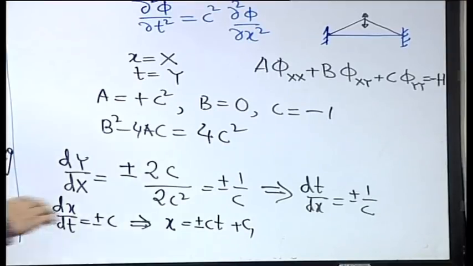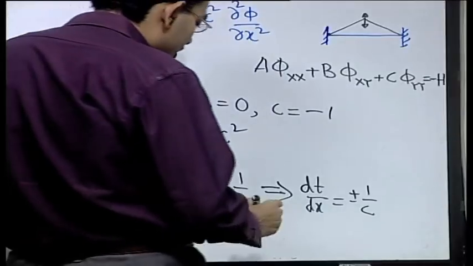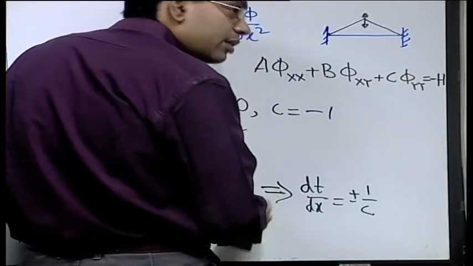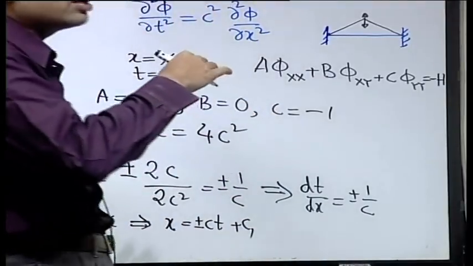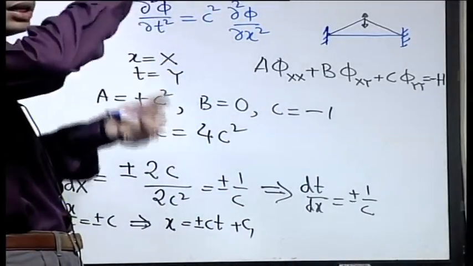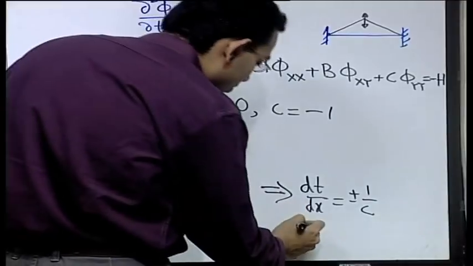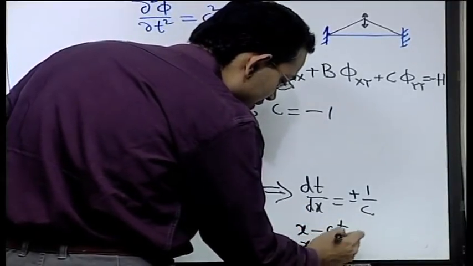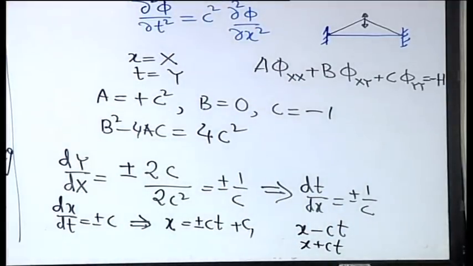So, you can find out the characteristics by first forgetting about this c1, because it is just an addition of a constant, it will shift only the line by a constant, but the main functions are x minus ct and x plus ct. These are the two characteristics.